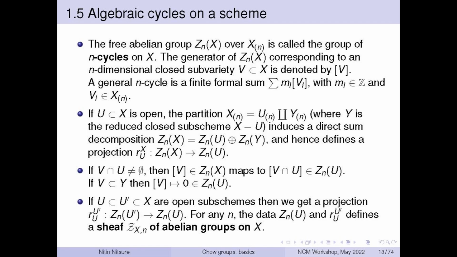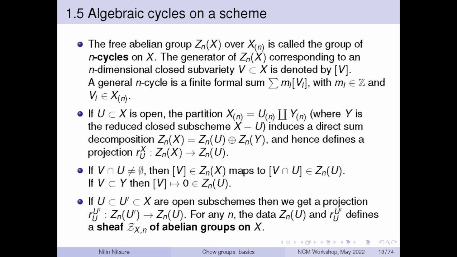Now, let's look at how it behaves with respect to open subsets. If U is an open subset, then this partition tells me that the free abelian group over a set, which is the disjoint union of two subsets, is the direct sum of those two free abelian groups in a natural way. And so there is a projection on each. So I am more interested in this projection.